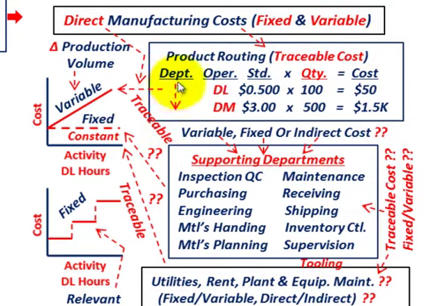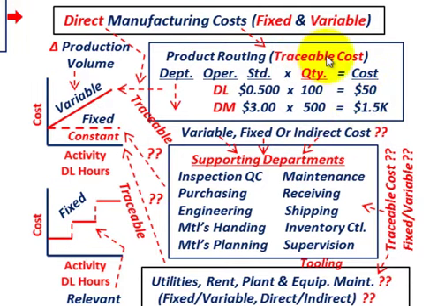But nonetheless, it's going to be going through all these departments, and within each department you're going to have your direct labor and your direct material. You're going to have a standard amount that you have assigned for that product. And then based on your production volume, you're going to have a certain quantity that you use for your direct labor and direct material. And based on your standard and your quantity used, you can determine a specific cost.